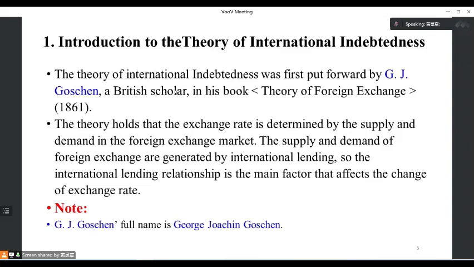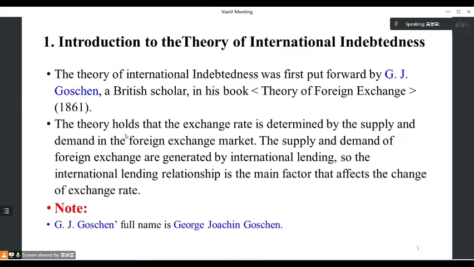Means the theory of international indebtedness was first put forward by Gossen. He tells us the contents of international indebtedness in his book, Theory of Foreign Exchange, published in 1861.